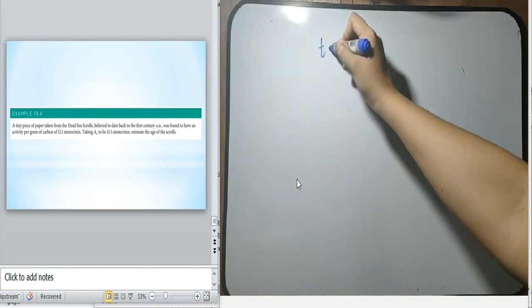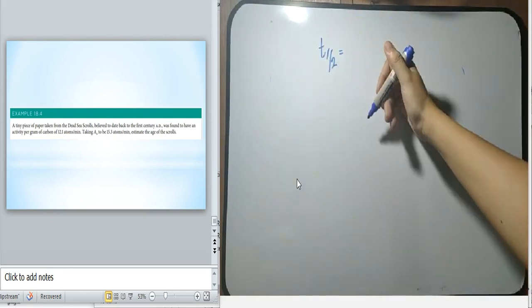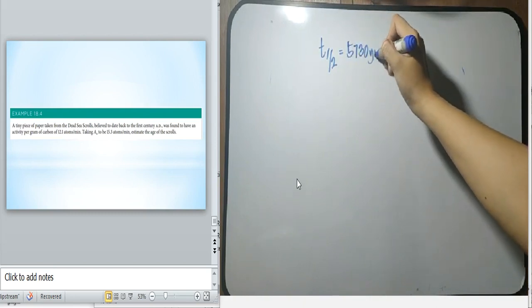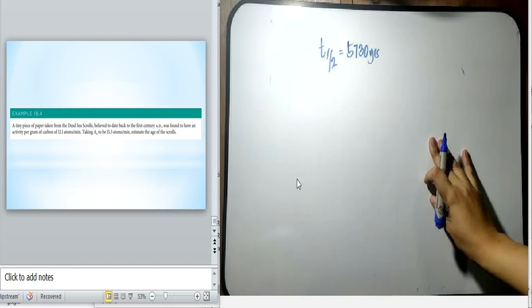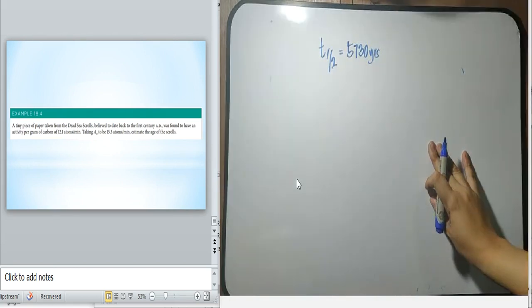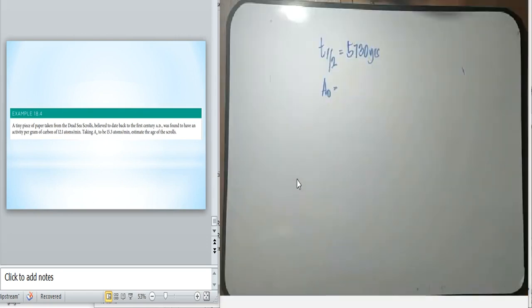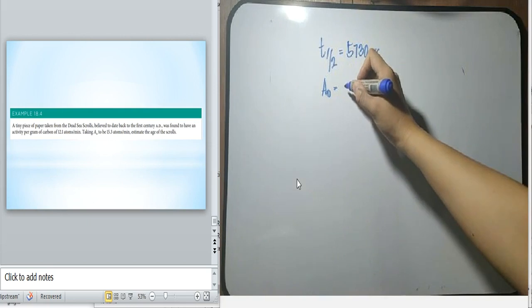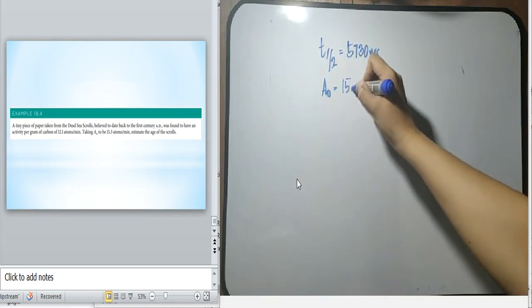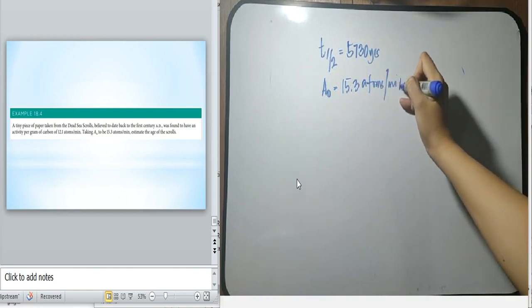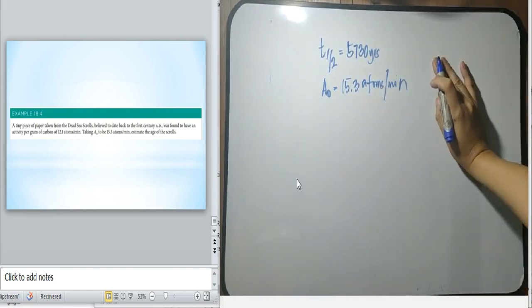So we are given the half-life. The half-life of carbon 14 is constant, which is 5,730 years. And we have the initial activity, A sub 0, which is 15.3 atoms per minute.